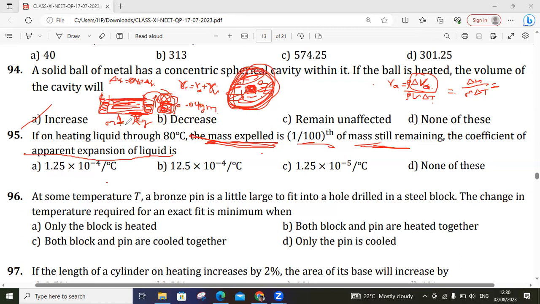And the initial total mass was M plus this, that is 1.01 M. So this will be 1.01 M initial mass, and the change in mass or delta V will be this much is the change in mass.